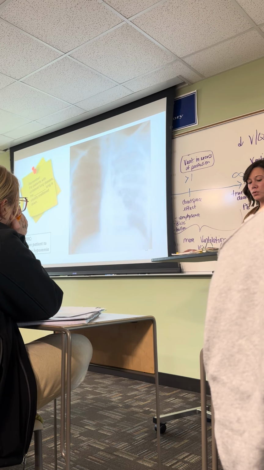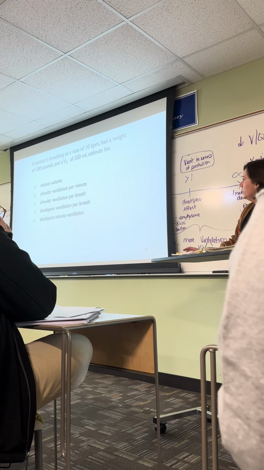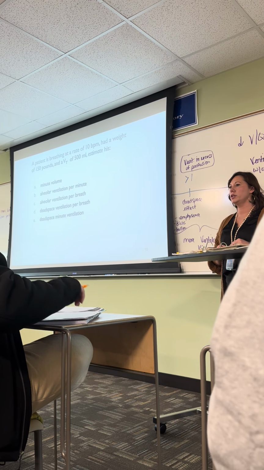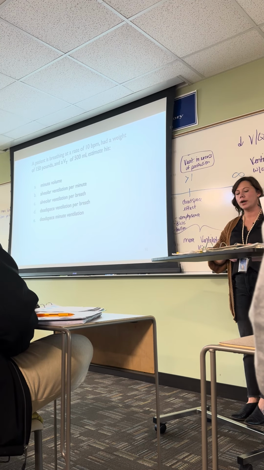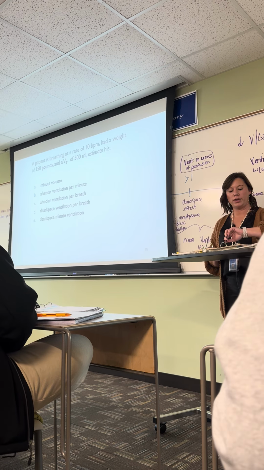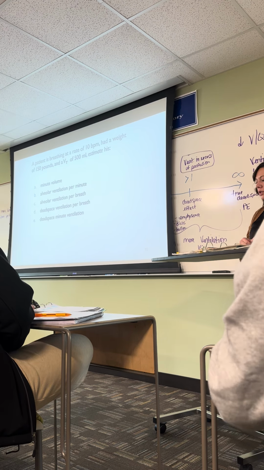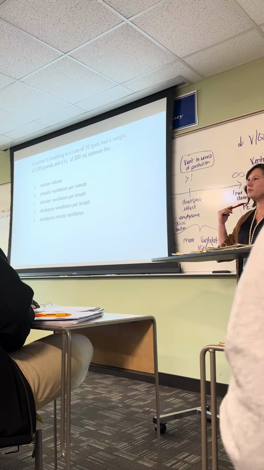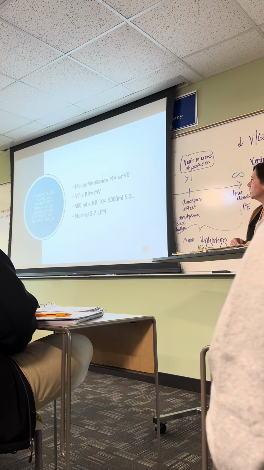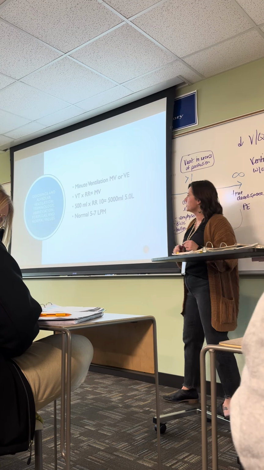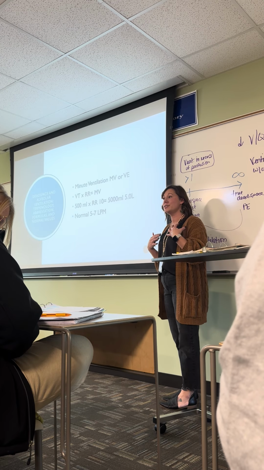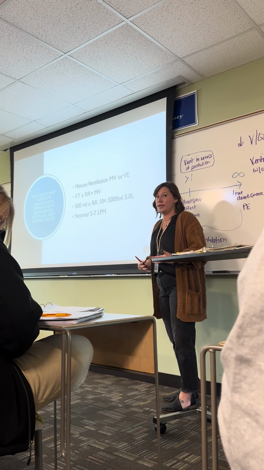Okay. So have you guys talked about alveolar ventilation, minute ventilation, things like that? Okay. So we do have some equations that we're going to go through. I know that it's not your favorite thing, but these should hopefully make sense when you break them down. So let's go through them together. This is all because we're looking at dead space and alveolar ventilation to understand how much of that ventilation is actually getting down to the alveoli, okay?